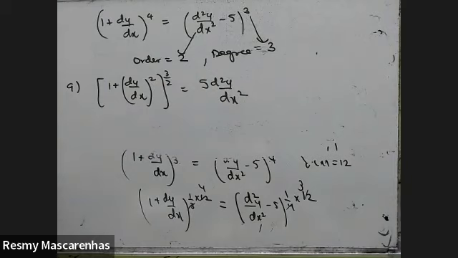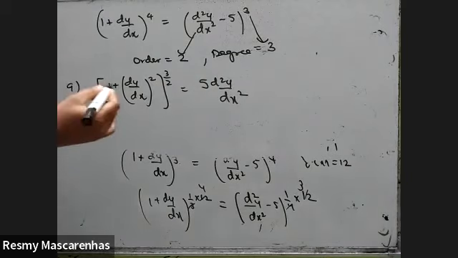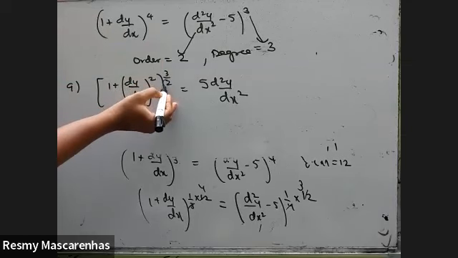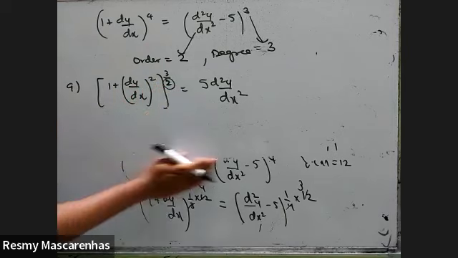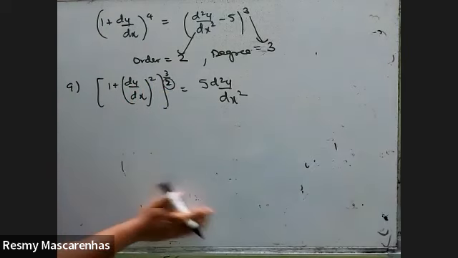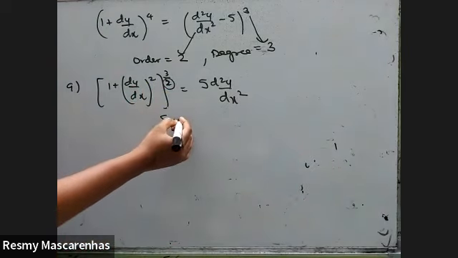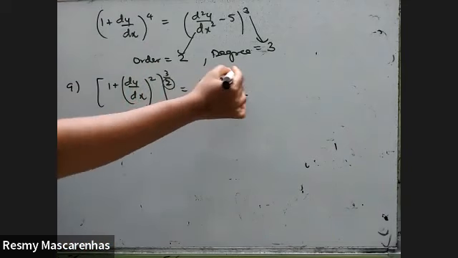So we have to try to get rid of that fraction 3 by 2. A fraction is whenever some number is divided by another number, and I want to get rid of this 2. So what I'll do is square on both the sides, which means basically multiply by power 2 on both the sides.